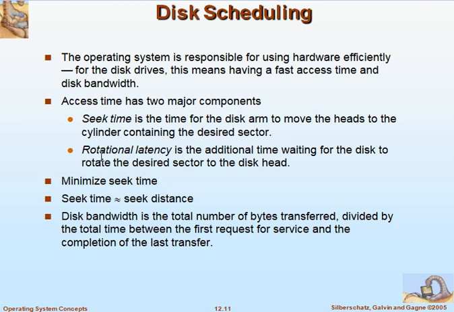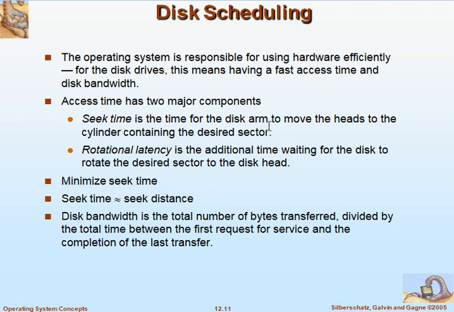And then what is the rotational latency? This is the additional time where the disk has to rotate to bring the desired sector under the head, so that the disk head can read or write that particular sector.